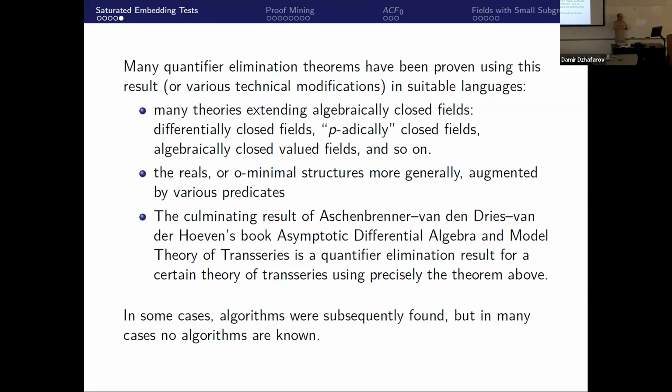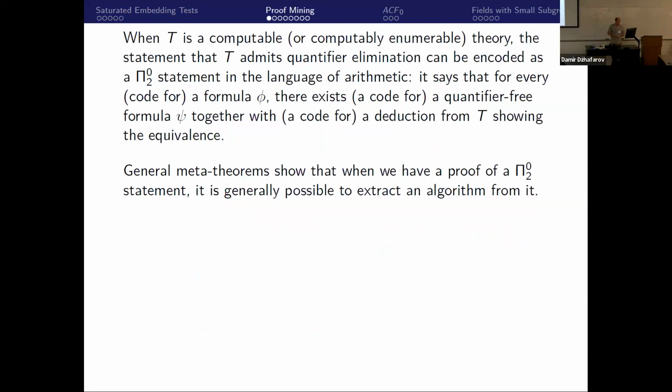In some cases, people have subsequently found algorithms. So people have come up with new proofs of quantifier elimination that actually give algorithms. But for many of these examples, there aren't known algorithmic proofs. So, a little bit of proof theory, computability theory stuff. When T is a computable theory, or computably enumerable theory even, which all the theories we're talking about are, the statement that your theory admits quantifier elimination is encoded by a Pi^0_2 sentence.